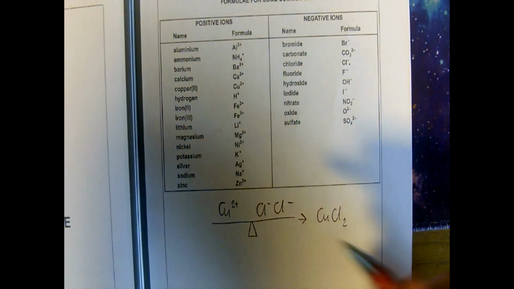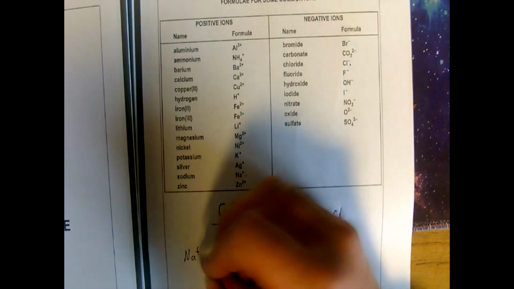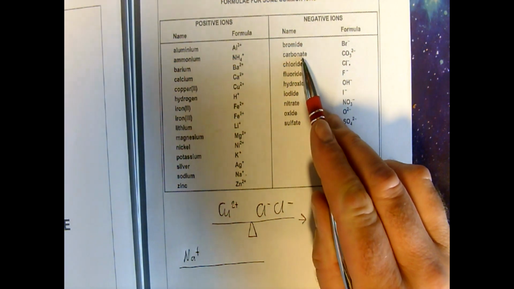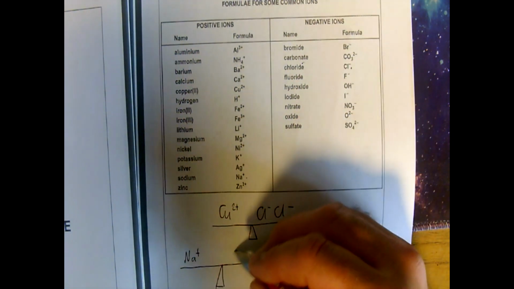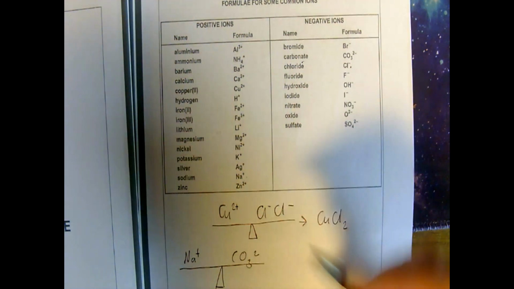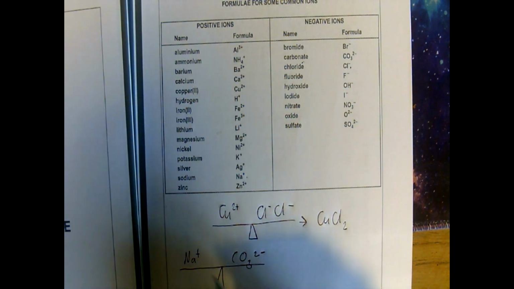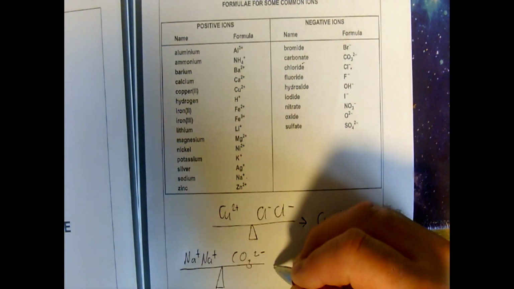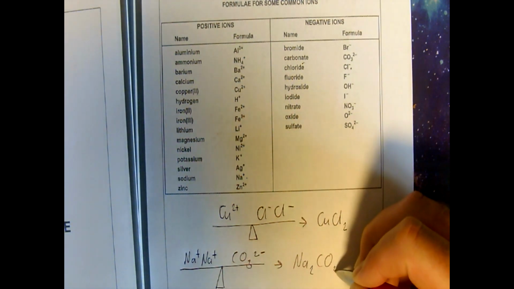Moving on now to part B. Complete the equation for the reaction between hydrochloric acid and sodium carbonate by writing a formula for sodium carbonate on the dotted line and putting a number in the box to balance the equation. So again, we can quickly refer to our table of ions for sodium carbonate. Okay, so sodium is here, Na+, and carbonate is over here, CO3 2-.